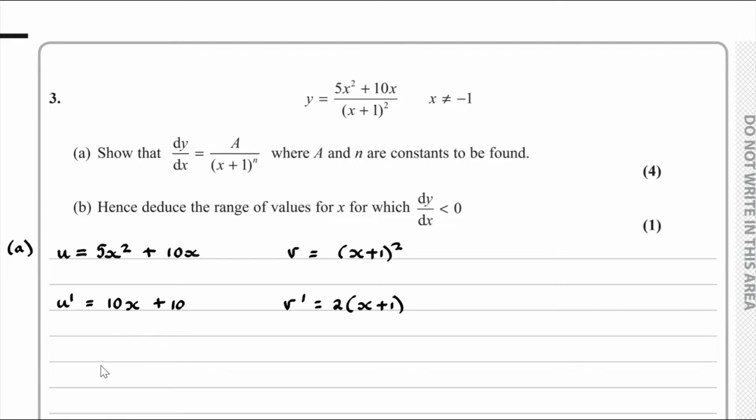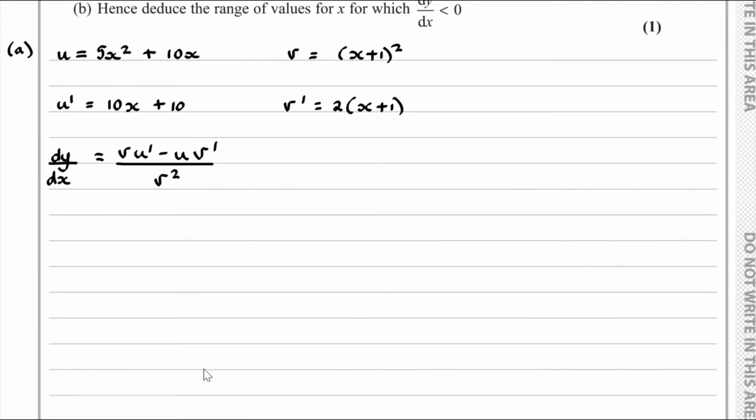And therefore, dy over dx, that's equal to v times by u dash minus u times by v dash divided by v squared.